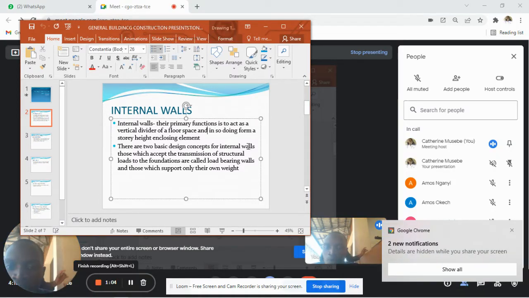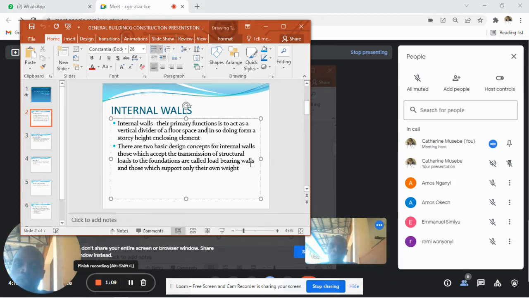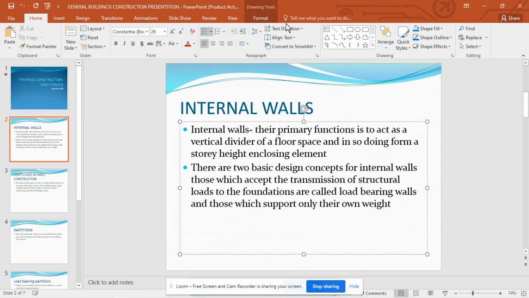Talking of internal walls, we have two types of internal walls. Walls can be constructed either by stone, bricks, or other elements. We are going to start with the function of internal walls.